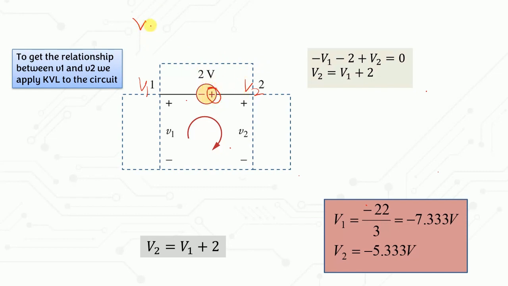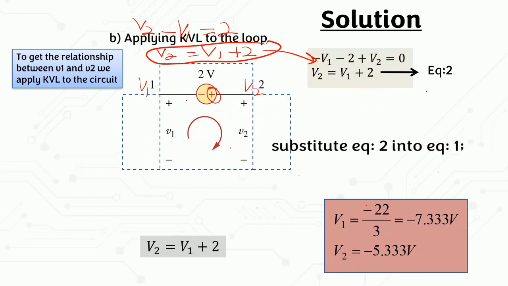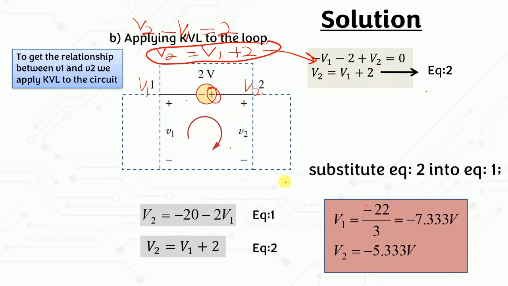So you can have the equation V2 minus this V1 equal to this 2, or you can just write it as V2 equal to V1 plus 2. Alright, the same thing that you get when you use the KVL. Alright, so then you have the two equations where you have this as your equation 1 and you have this as your equation 2.